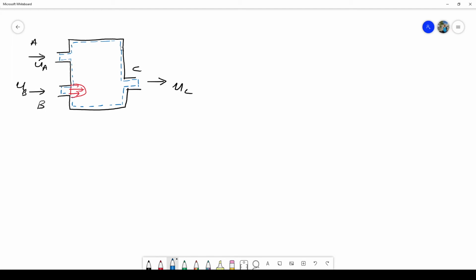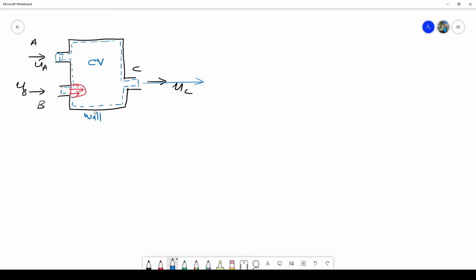The surrounding is the wall of the container. At this particular boundary we have flow continuously leaving the container, and at this boundary we have flow continuously entering the container, similarly at B as well. So this control volume has to be defined properly.